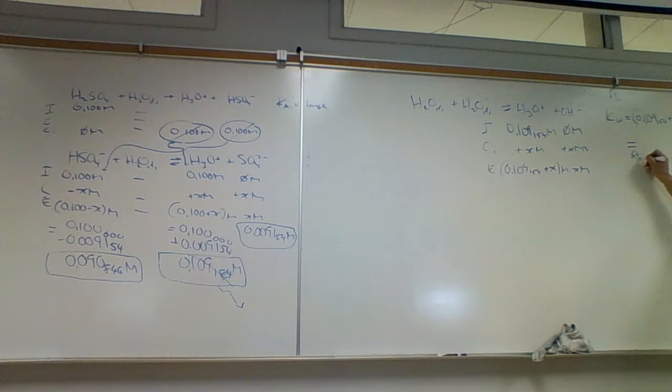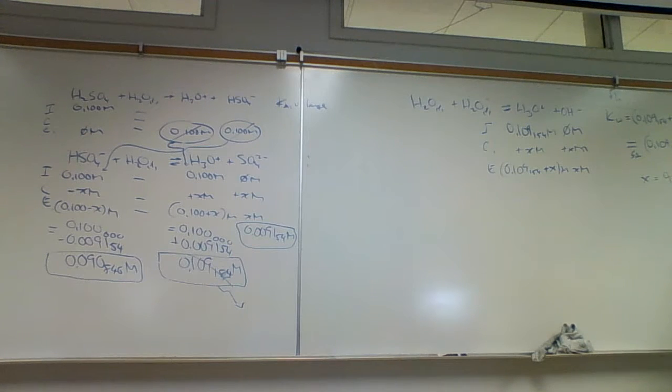Here I'm going to just try the simplifying assumption. This is going to be 0.109154 times X, and that means X is equal to 1.0 times 10 to the minus 14 divided by 0.109154, which equals 9.16 times 10 to the minus 14.